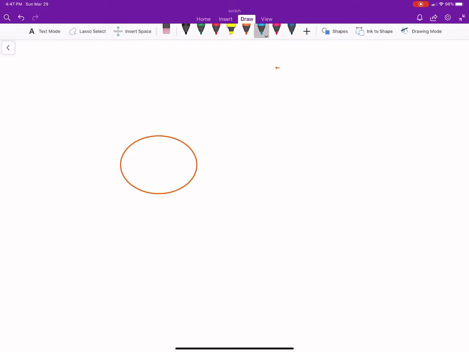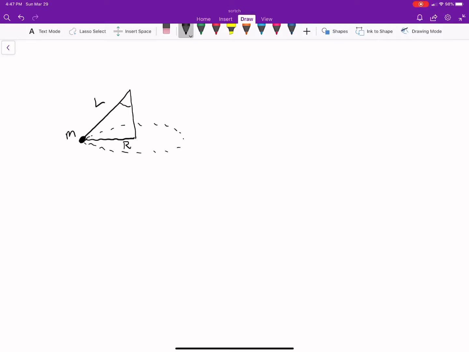In fact, let me draw a rough picture really quick first. Let's say you have some mass attached to this string of length L. It's going to trace out kind of this circular path. This distance from the center is r, and this angle theta is what's off the center.